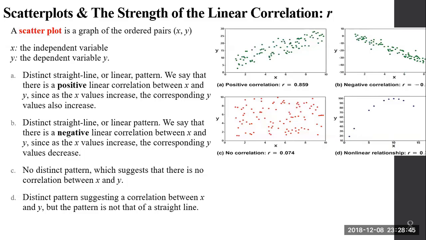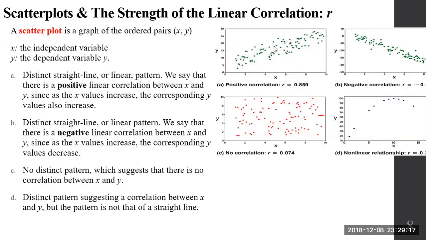We say that there is a negative linear correlation between x and y since as the x value increases, the corresponding y value decreases. No discernible pattern suggests that there is no correlation between x and y. A distinct pattern suggests a correlation between x and y, but the pattern is not that of a straight line.